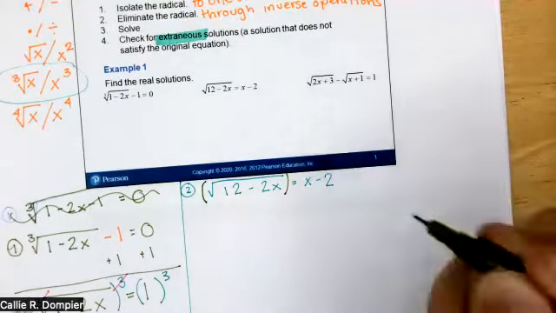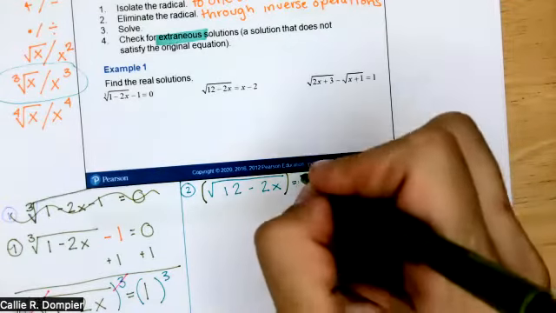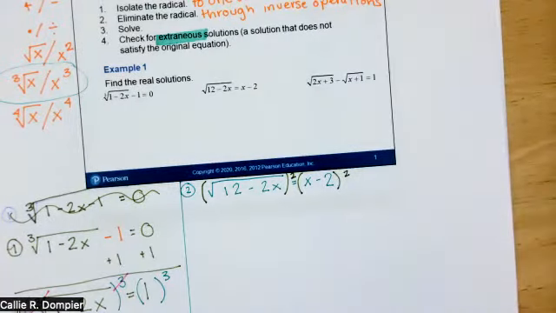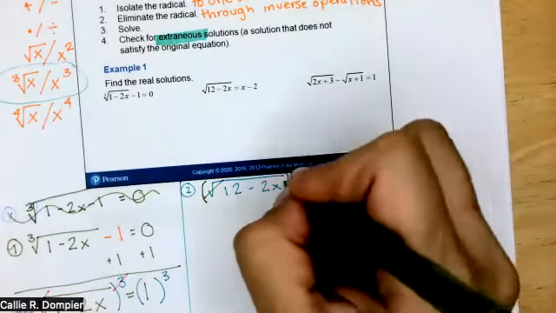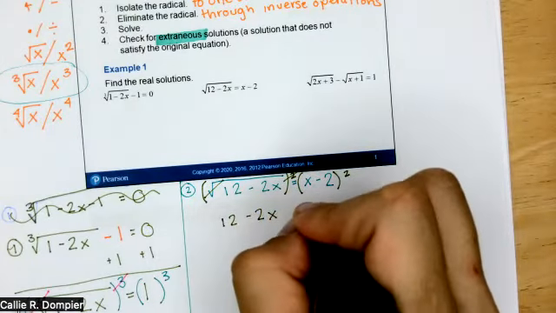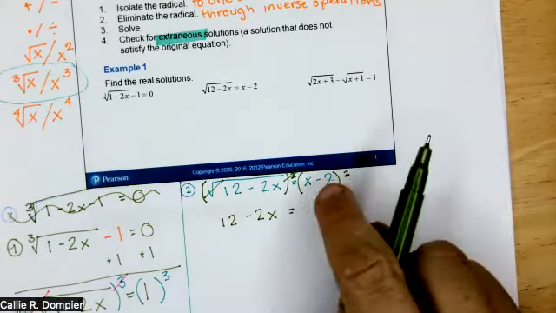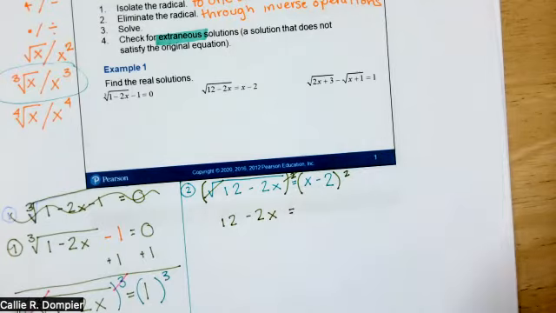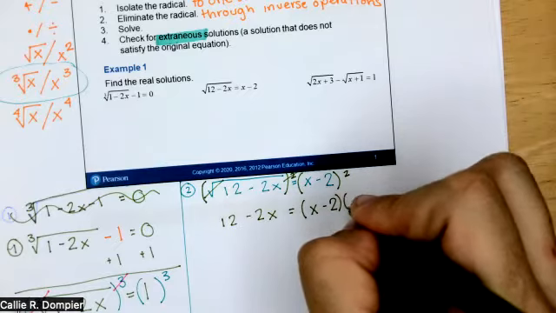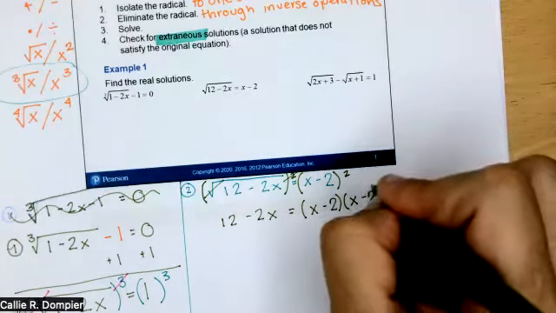So it's a square root. We eliminate it by squaring. So we're going to do that to both sides. This cancels this. All I have is 12 minus 2x on this side. However, on this side, I have x minus 2 quantity squared. So that's like saying x minus 2 times x minus 2.